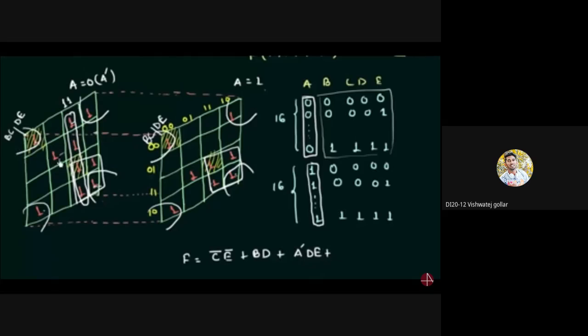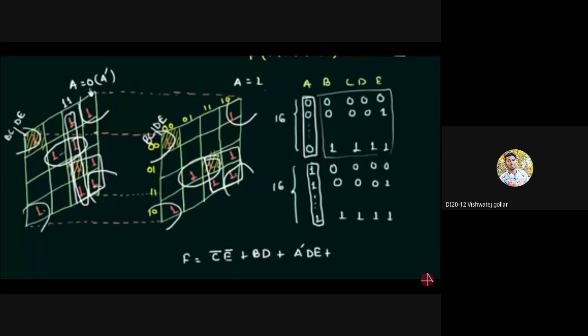Now let's group these 2 ones, this one and this one. We can make the group of these 2 ones, this 2 and this 2. Fine.